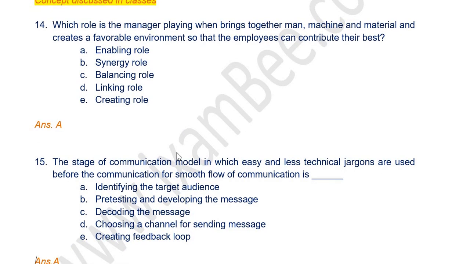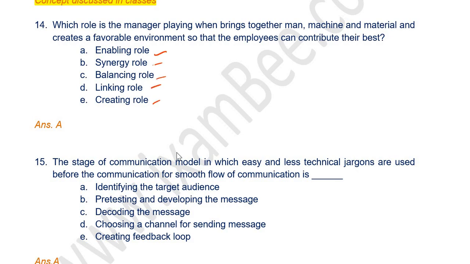Another question related to roles was when you are bringing together man, machine and material and creating a favorable environment so that employees can contribute their best for the achievement of organizational goals. What is the role that is being played here? So the options given were enabling, synergy, balancing, linking and creating.